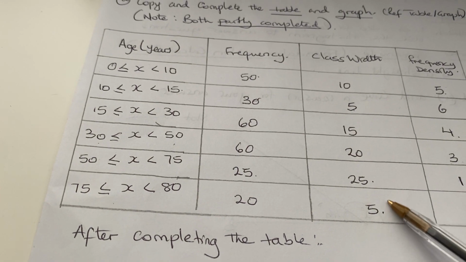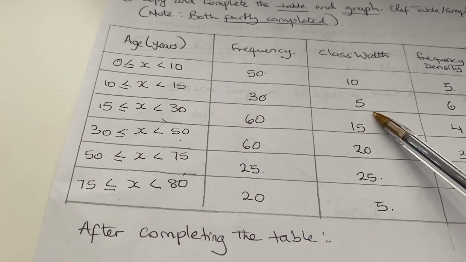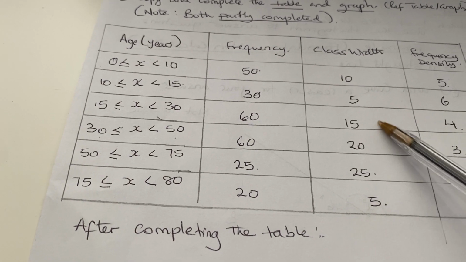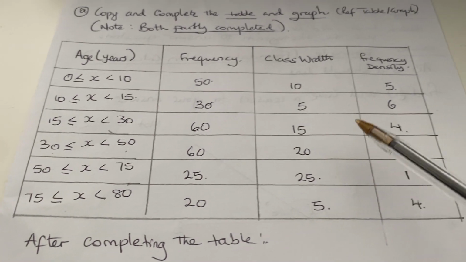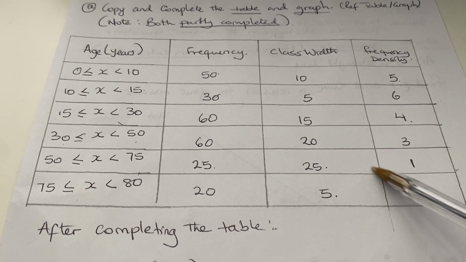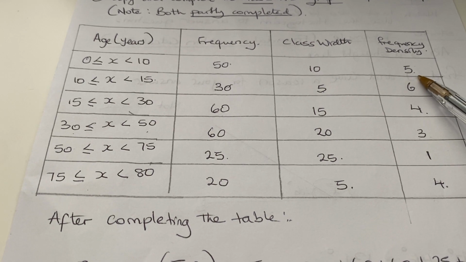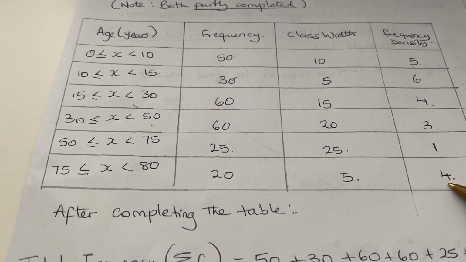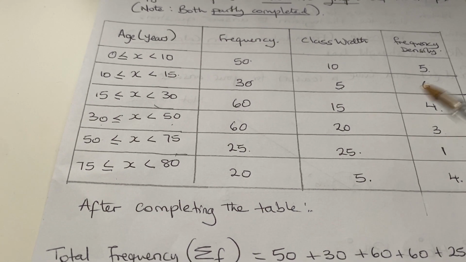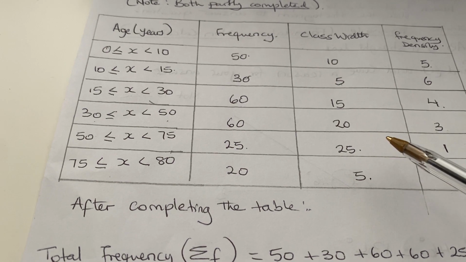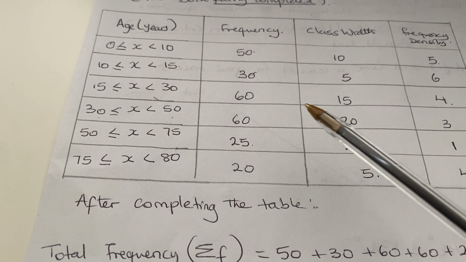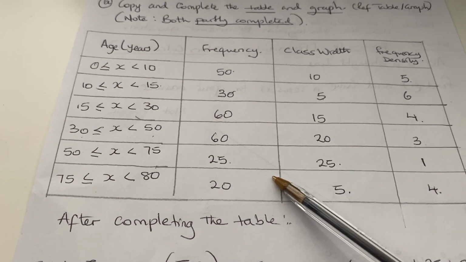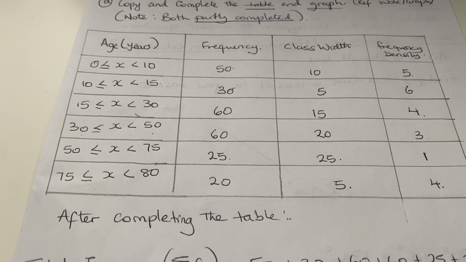I inserted this class width, because I'm going to plot the class width on the x-axis and the frequency density on the y-axis. So they gave me some of the frequency densities, and then they gave me a partial histogram. So I had to use the histogram to complete the table, and then use the table to finish the graph.